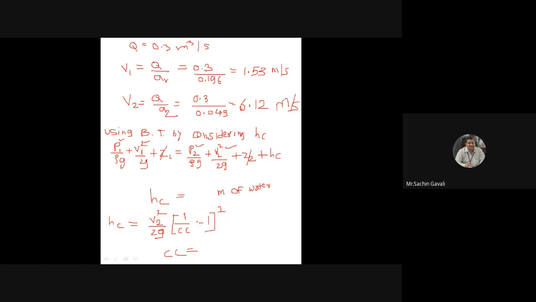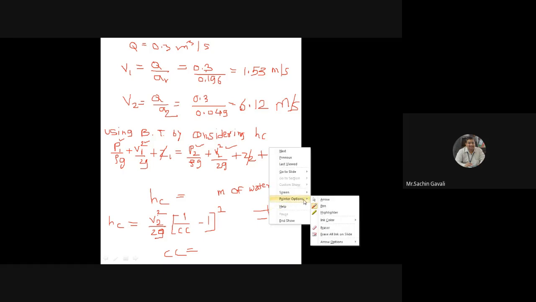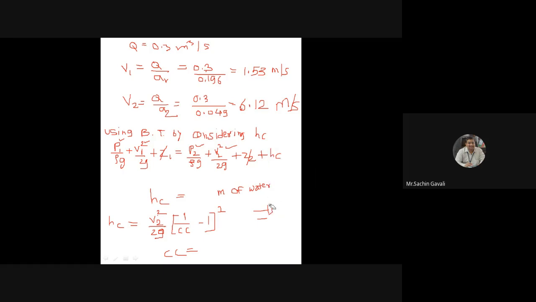That is not that effective. The formula you are using now is for orifice meter. It is not the orifice, the pipe only contracts. So here we have to use this formula. This way we have to calculate.